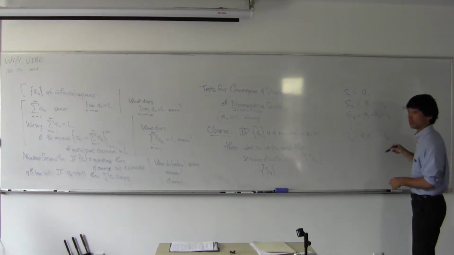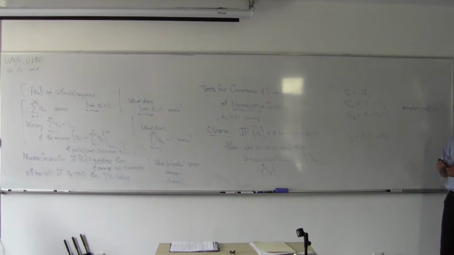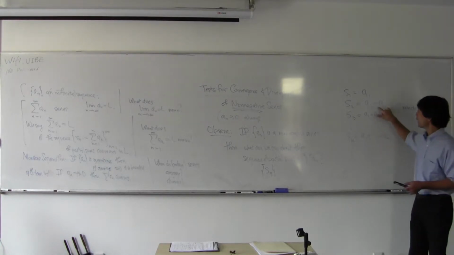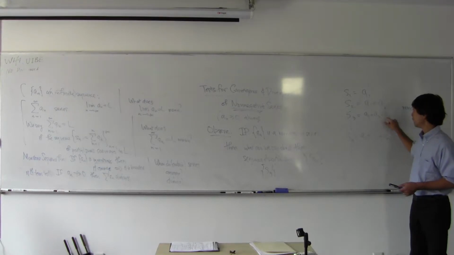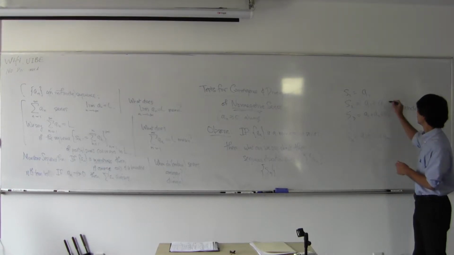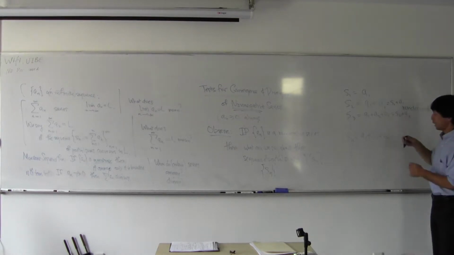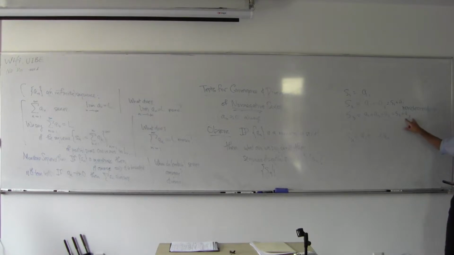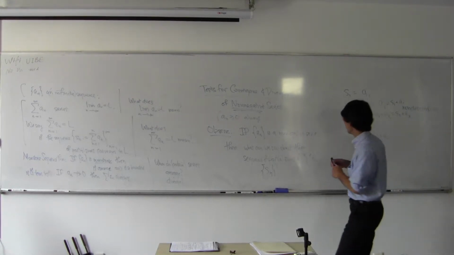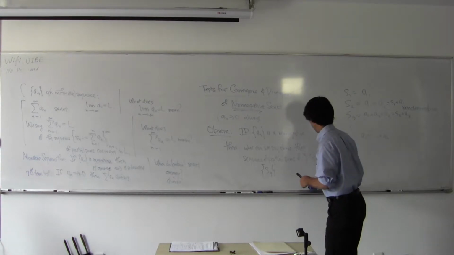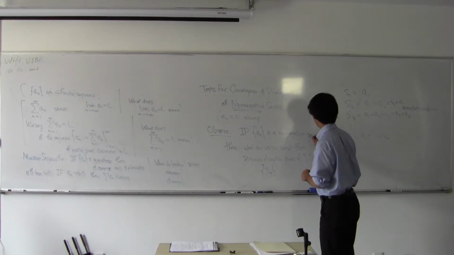It's basically increasing, because you're always adding on something that's not less than 0. Every time, this is S1 plus A2, this is S2 plus A3. Every time you're adding on something, and that something is non-negative. Whoops, I should not say non-negative series. This should be non-negative sequence.